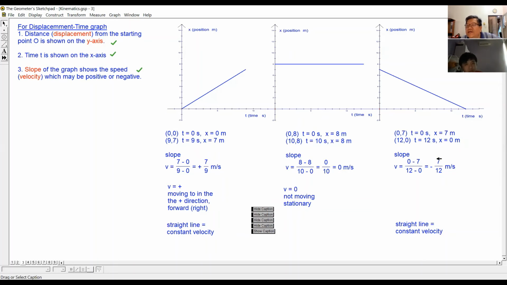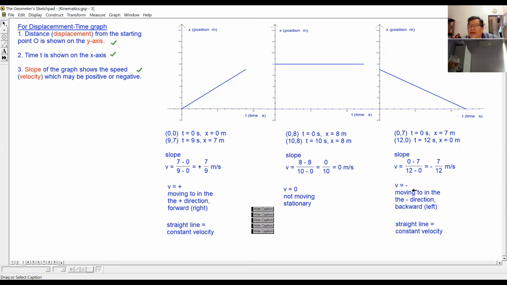So it's negative 7 over 12. The gradient is negative 7 over 12. What does this mean? Because slope means velocity, if the slope is negative, it means that the velocity is negative.